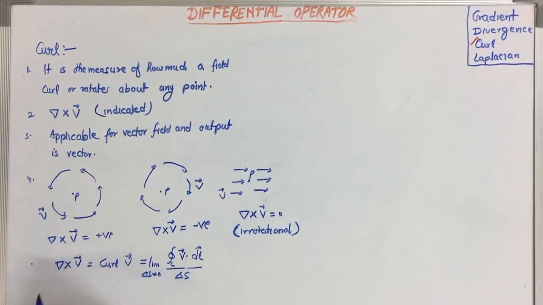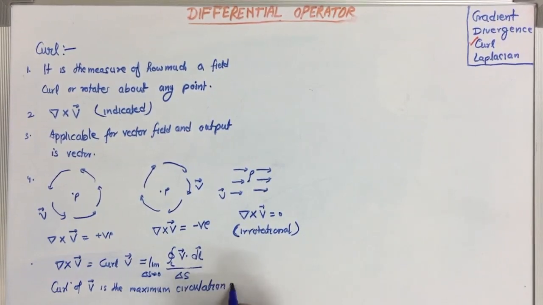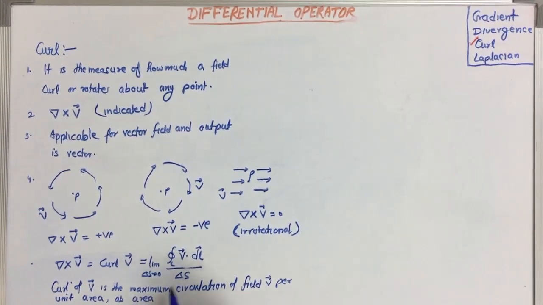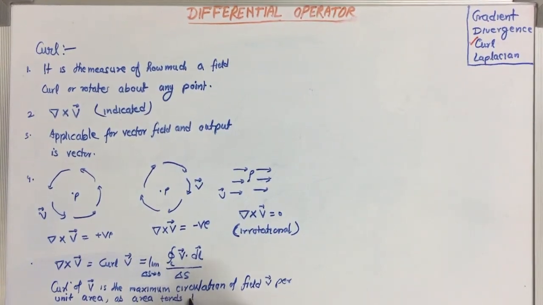Now if we want to write it in statement form, then we can say the curl of field V is the maximum circulation of field per unit area as the area tends to 0.